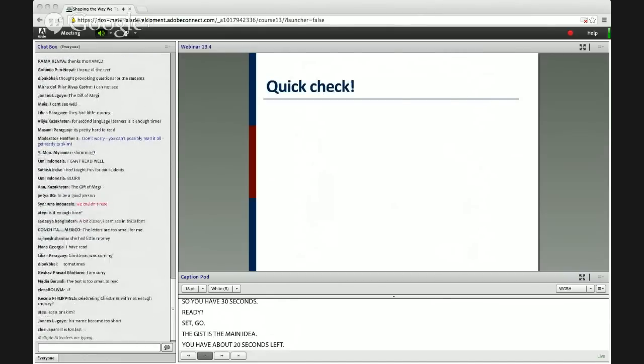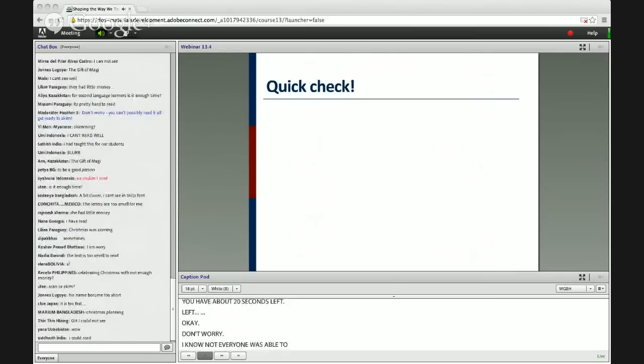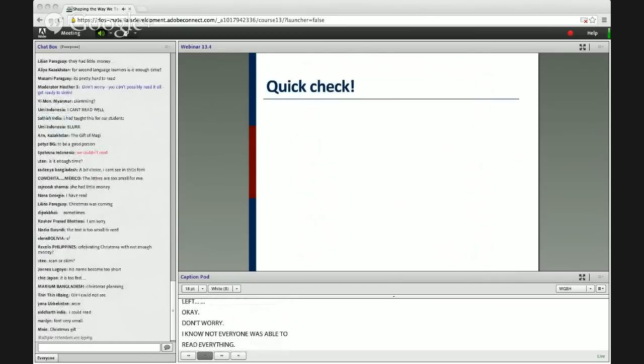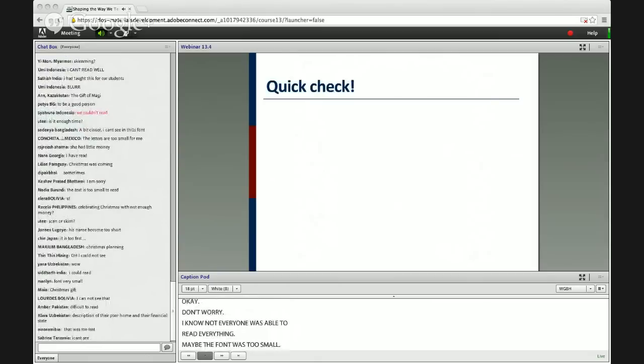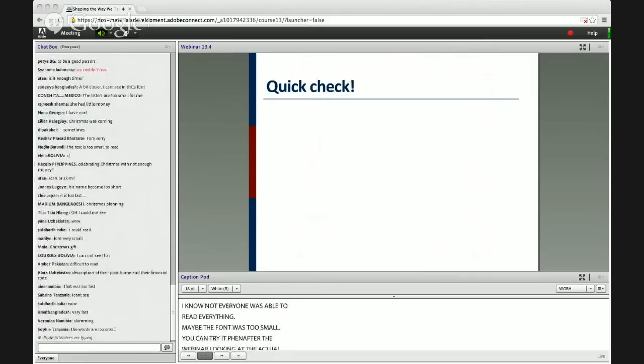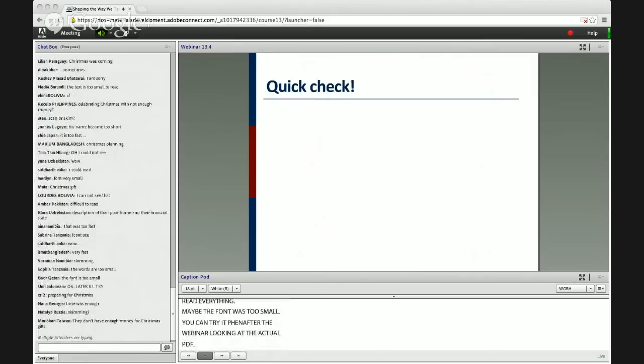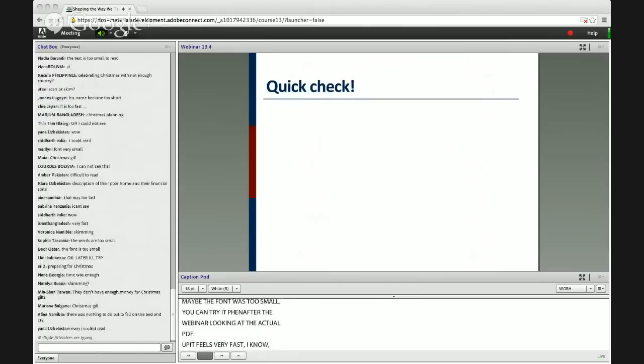I think if you could try this again, maybe after the webinar, looking at the actual PDF. It feels very fast, doesn't it?